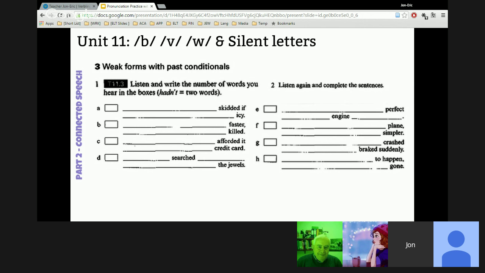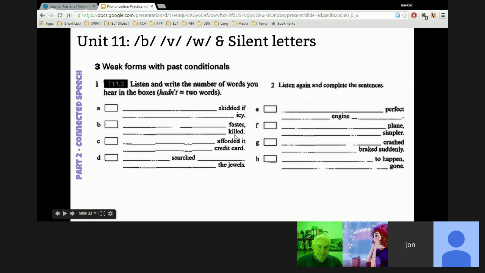Yes. I wrote take instead of taken. Sorry. Yes, there is an N in it. Okay. We couldn't have afforded it if he hadn't taken his credit card. That's exactly right. Good. Couldn't have. Hadn't. Okay. Couldn't.